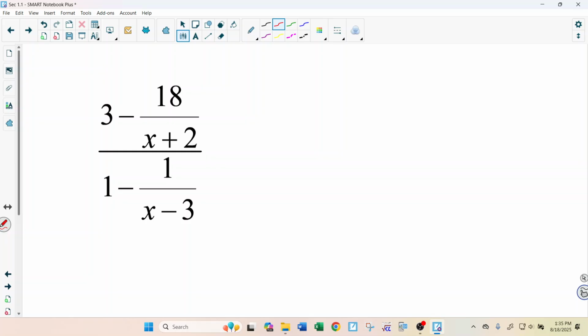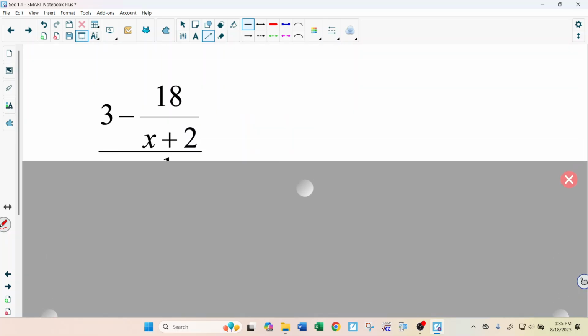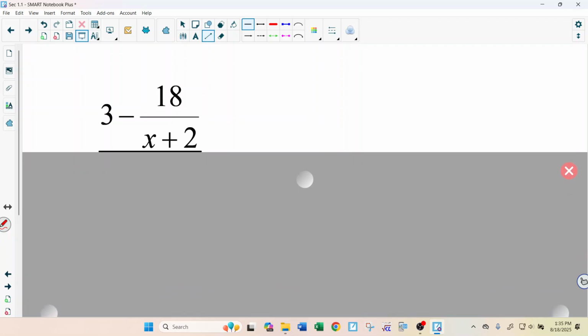Now let's talk a little about compound fractions. One of the keys when you have a compound fraction is to consider this two separate fractions. So the first thing I want to do is simplify the top into a single fraction. My common denominator would be x plus 2.